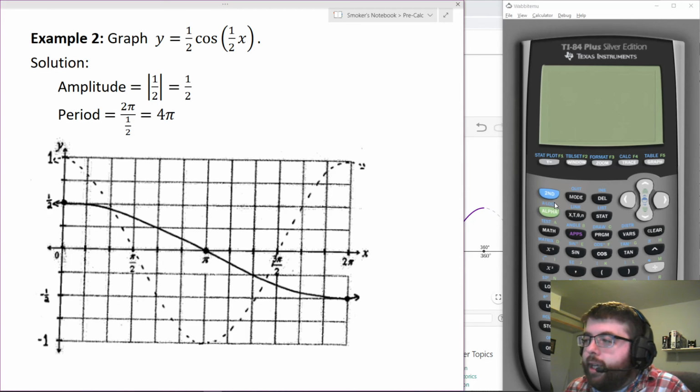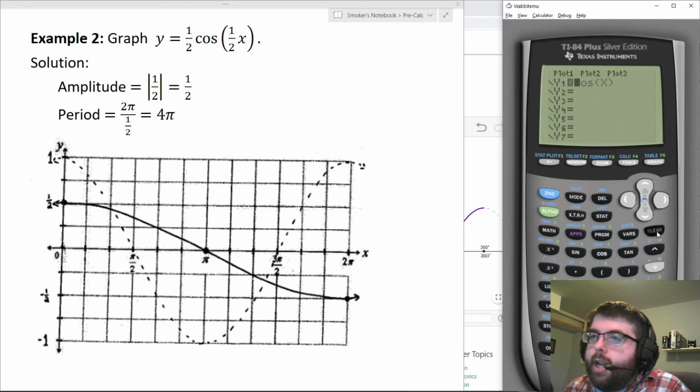You can double check these if you want on your graphing calculator. I didn't do this with the first one, but always put fractions in parentheses to be safe, to make sure you do it right. So I'm putting the 1/2 in parentheses. Order of operations going on there. So I put 1/2 cosine of 1/2 x in, and I have the right window, so I can just graph this.